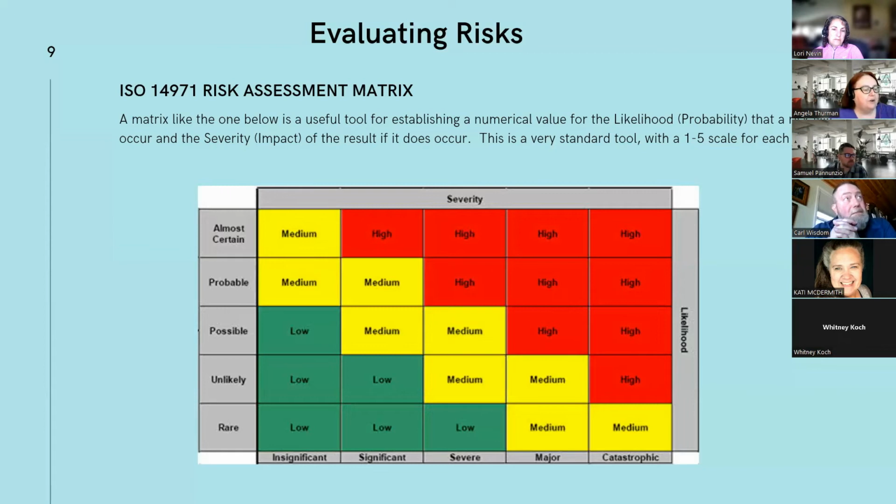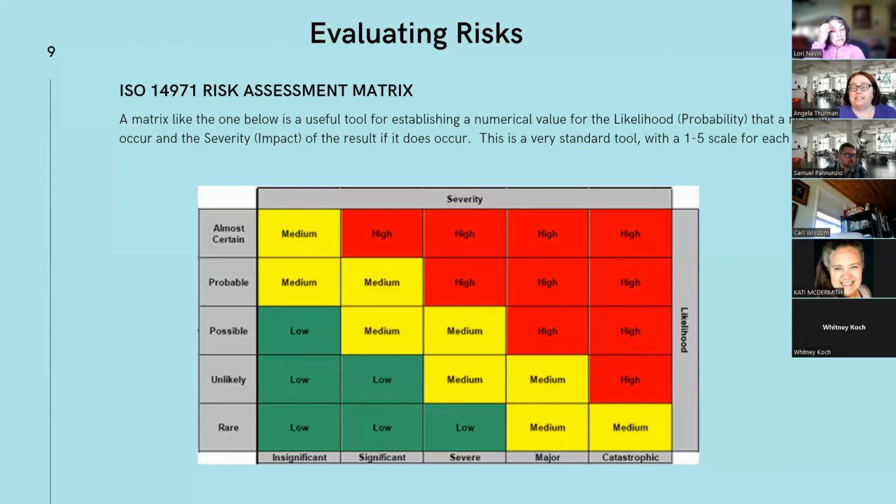But up here, where it's very likely to occur and very severe if it does occur, that's going to be high, and we're going to assign a reserve for that. So this is bad, this is good. Any questions on that?